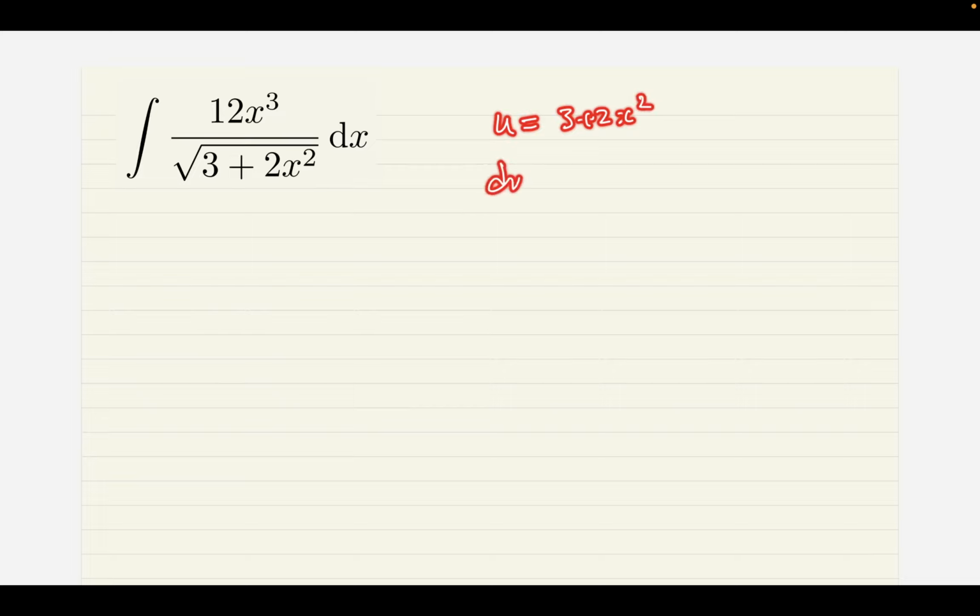When I differentiate, the right-hand side becomes 4x dx. So I do not have x dx. 4 and 12 are not big problems, I can fix them, but x to power 3 is not something that I want. But still it will work. Let me tell you how.